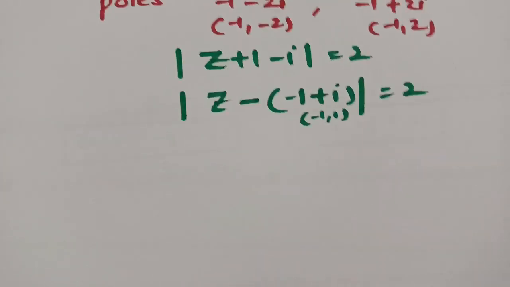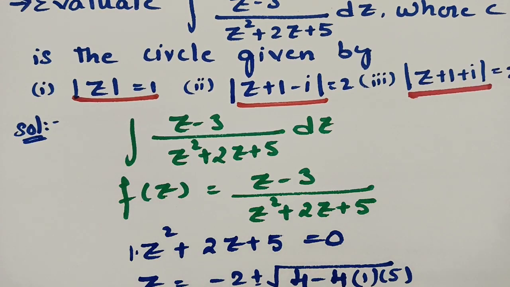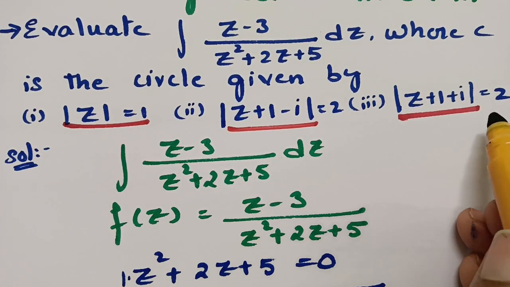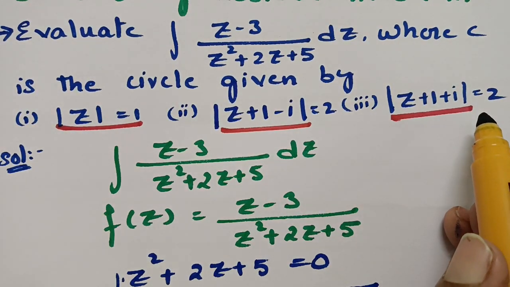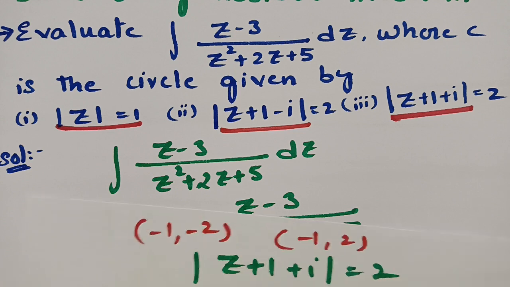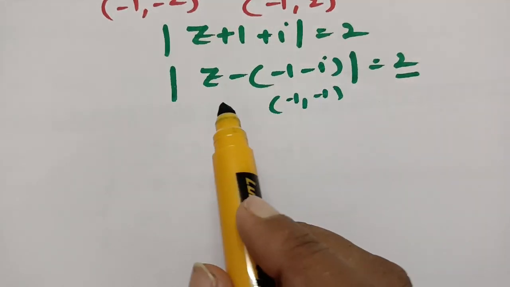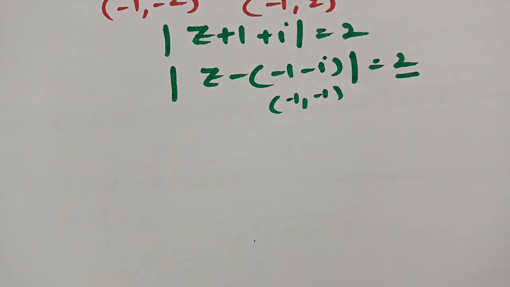And the third case here is mod z plus 1 plus i is equal to 2. Let me show you. Here already the poles are minus 1 minus 2i and minus 1 plus 2i. Here is the circle equation, so we have to take the center point from this. The center is nothing but minus 1, minus 1.